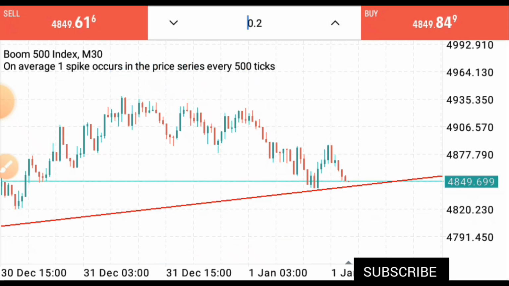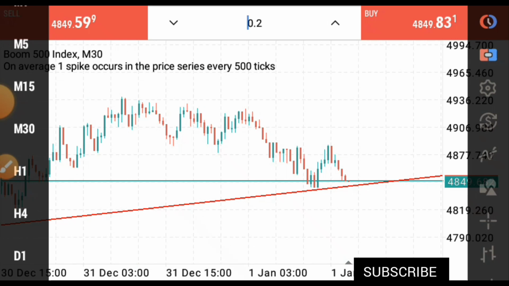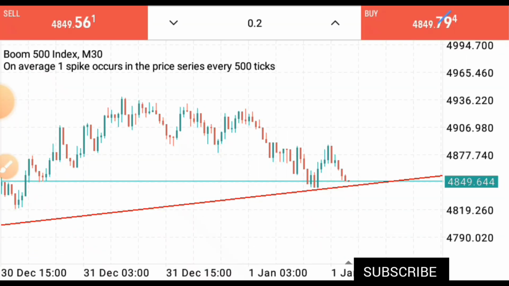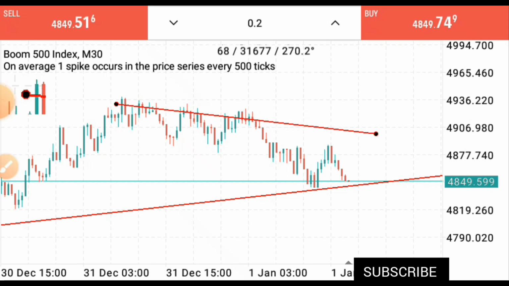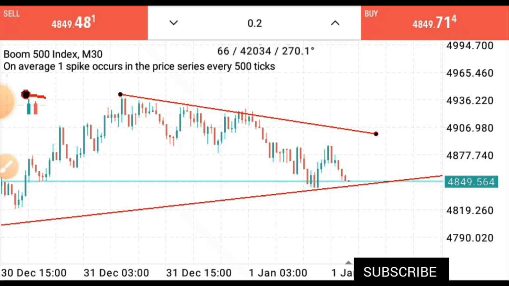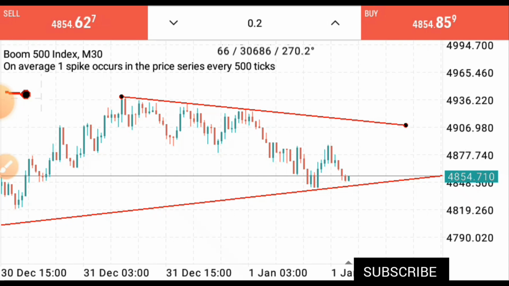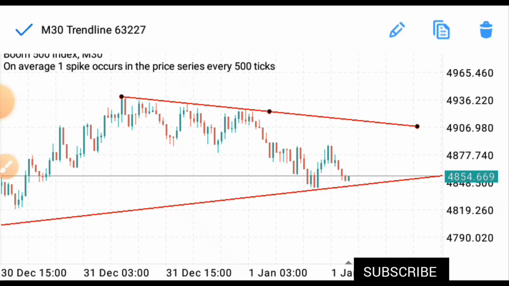So here on the 30-minute time frame, this is what I will do. I'll put in some trend line here, a counter trend line, right? So that when price breaks through this, I will know that yes, my confirmation has been met.